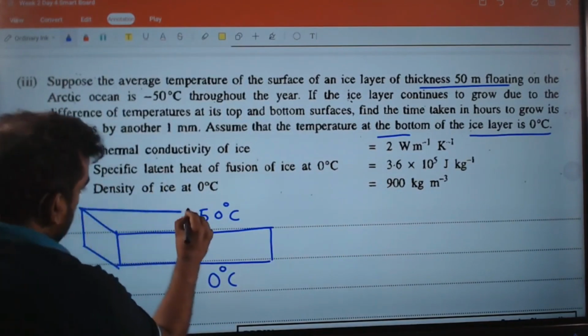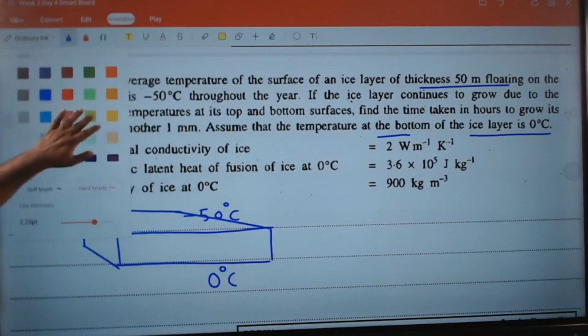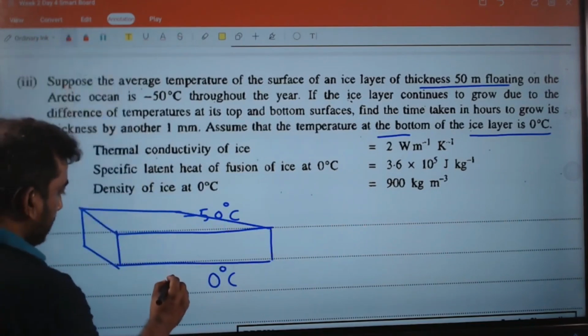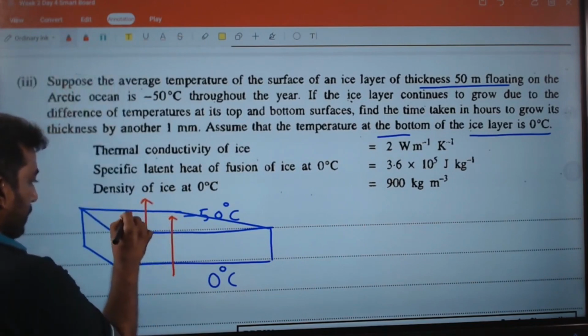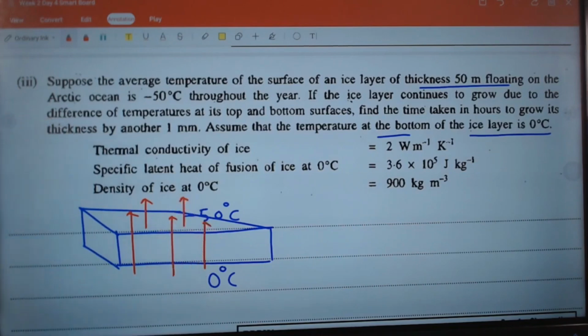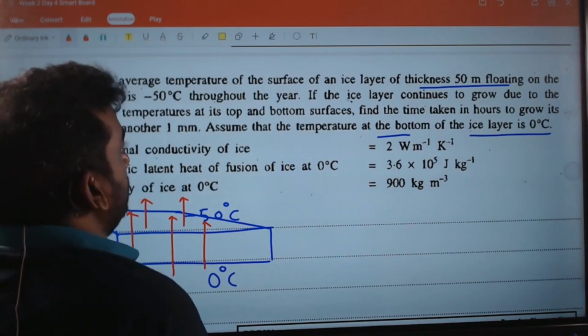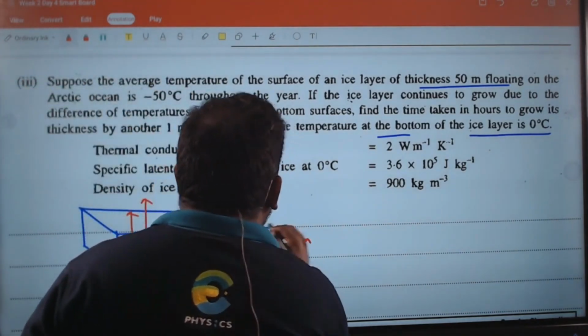So assume that's the ice layer. What is happening? Heat is conducting axially. Thickness here is 50 meter.